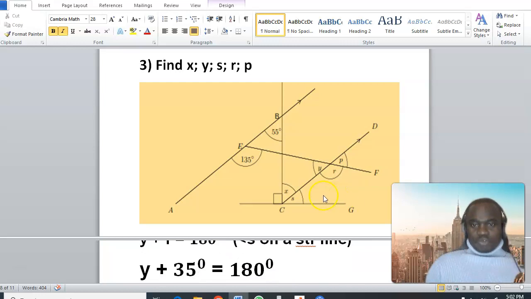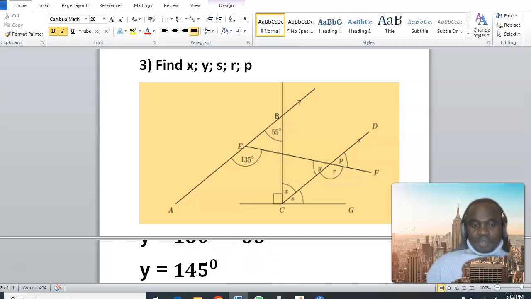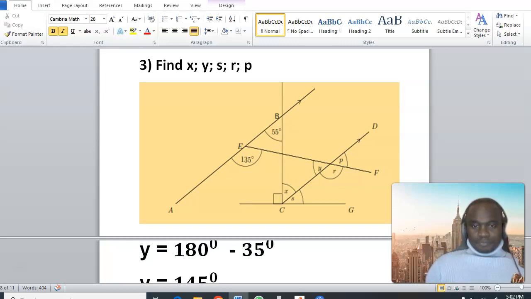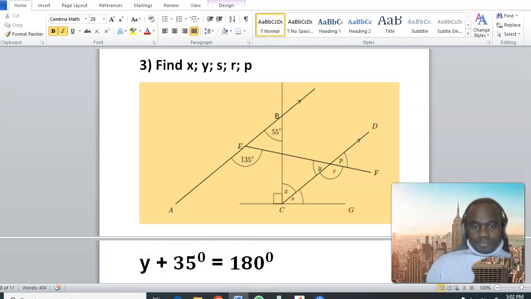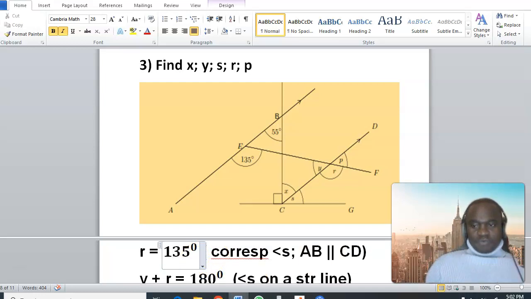But we know r to be 135. We've already calculated it. So y plus 135 degrees is equal to 180. Then plus 135, if you transpose, is going to be minus 135. Remember, r is 135, not 35.